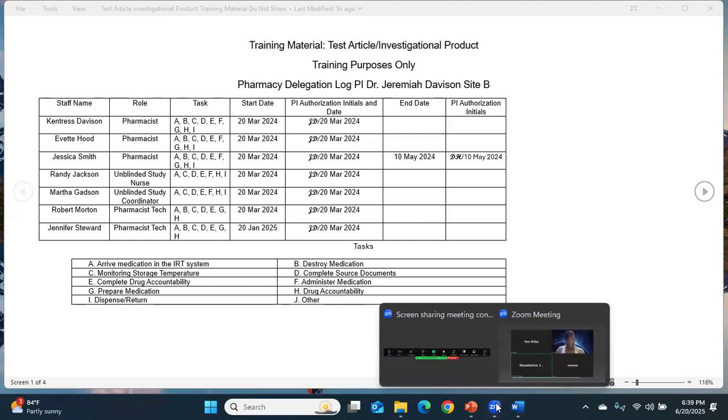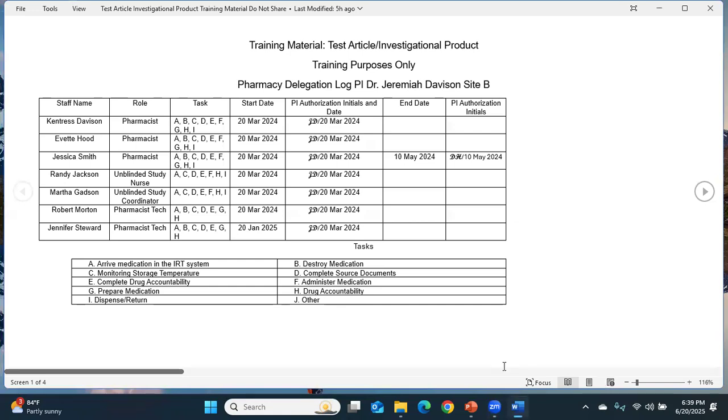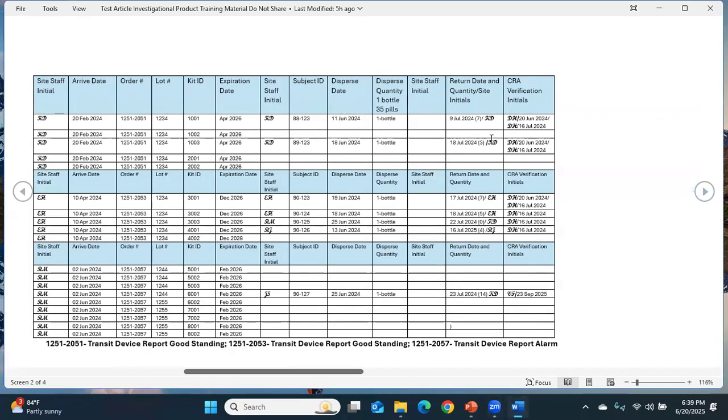Yes, we did. Almost. Okay. Let me see, okay, here we go. So for patient 88-123, what did y'all determine? This patient right here, based on the day they got the medicine and the day it was received, what did you determine?